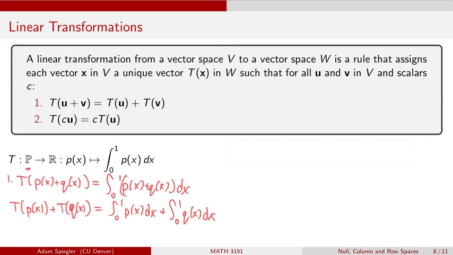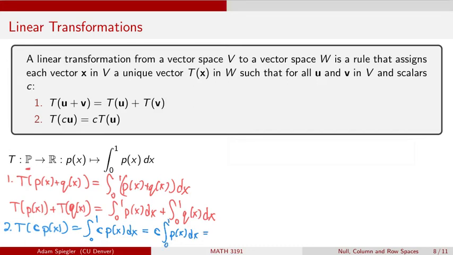Now let's check the second property. If I apply this transformation to some scalar c times some polynomial p of x, then by definition we integrate c times p of x over the interval from 0 to 1, and we can pull out constant multiplication from inside of integrals.